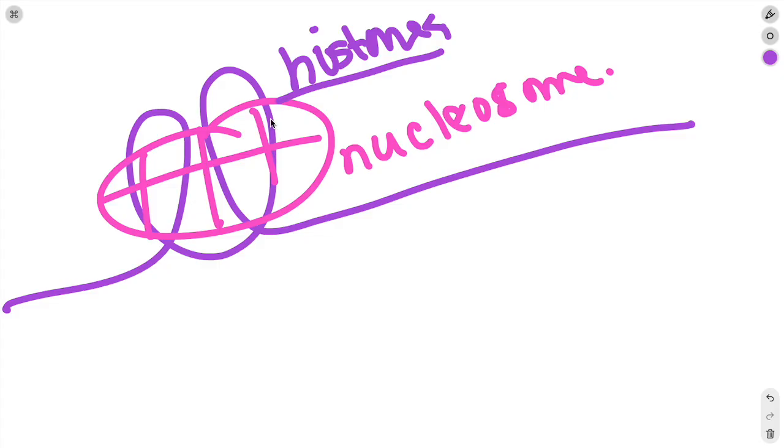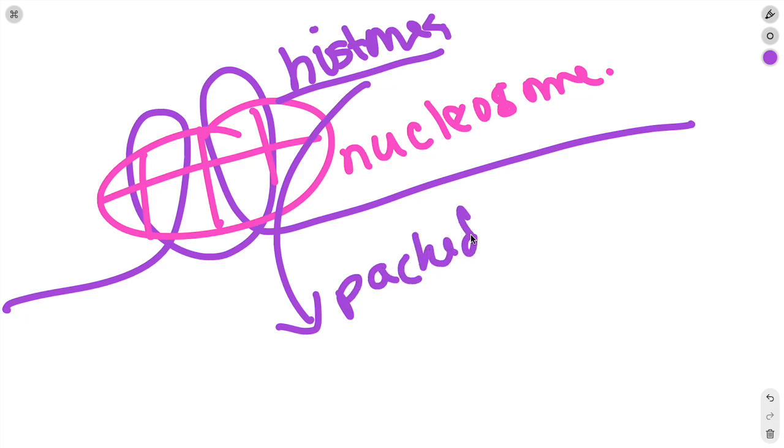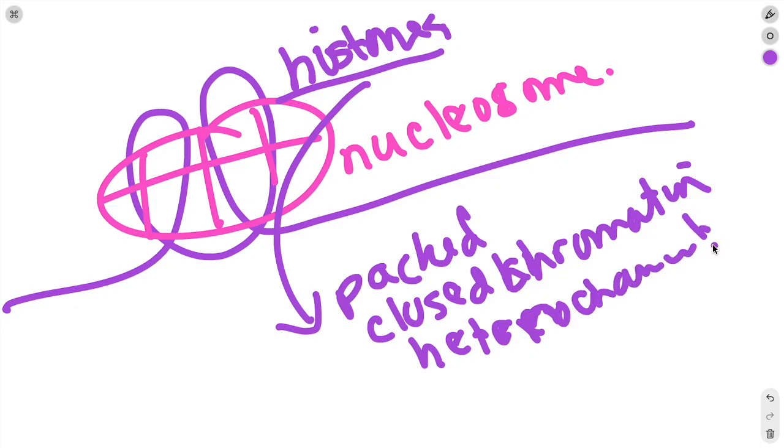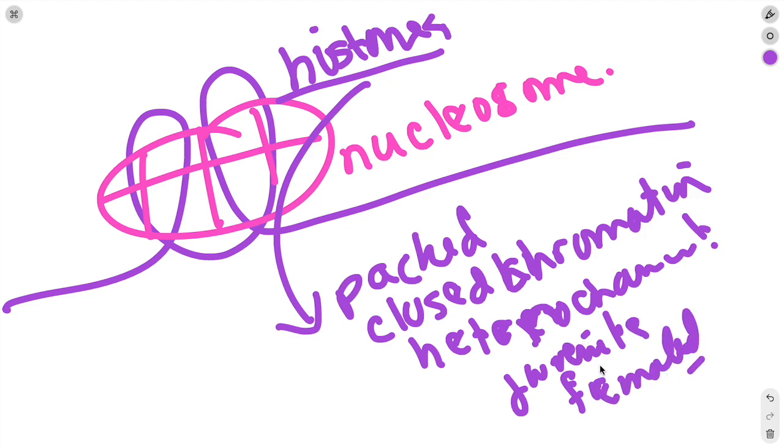The way it works is that when the histones are packed, we call that closed chromatin, heterochromatin, and this would be in a juvenile female vertebrate. No estrogen. Or it could be a male too, right? So it's packed away, closed chromatin.